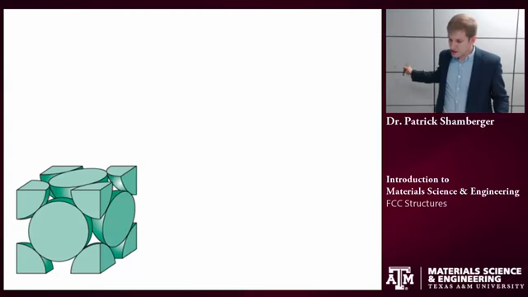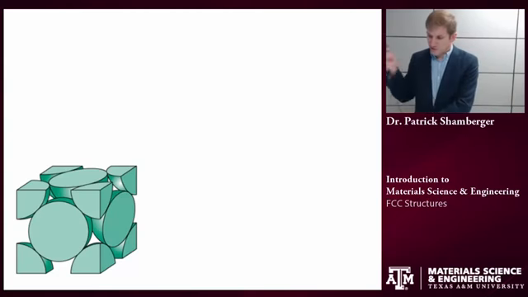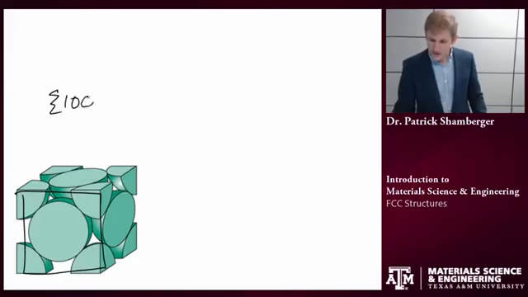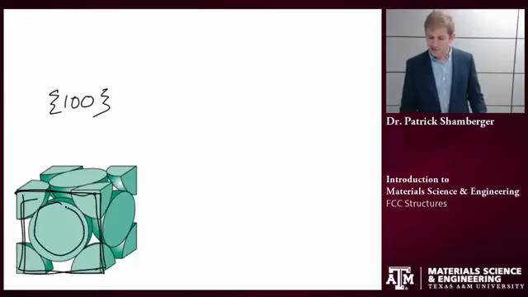So some of these planes are really easy to see. So for example, the 100 family of planes is essentially what we see when we're cutting the faces of the cube. So there's an atom at each of the corners and 1 atom in the center.